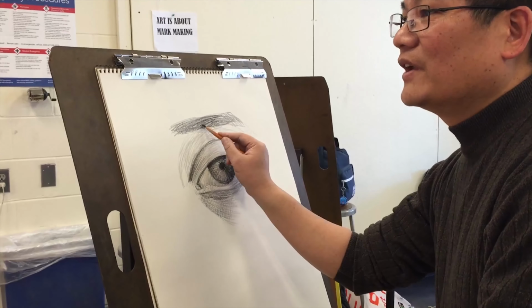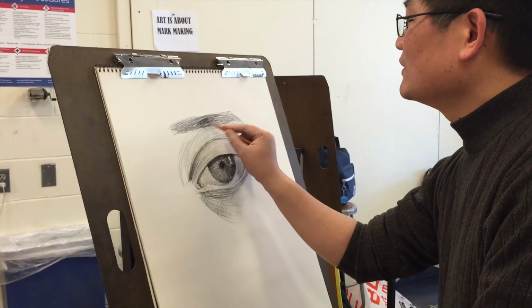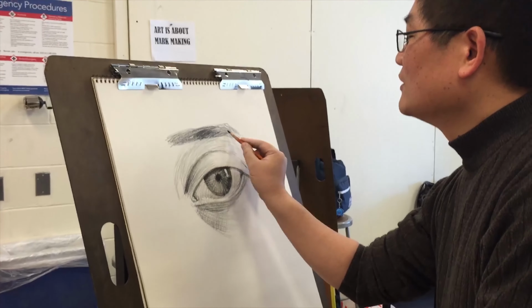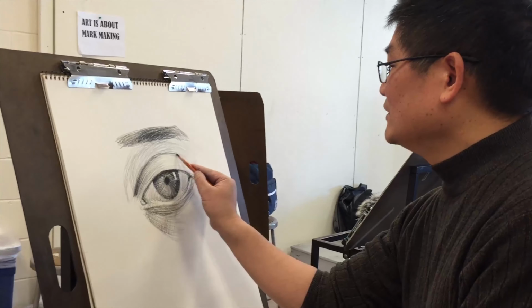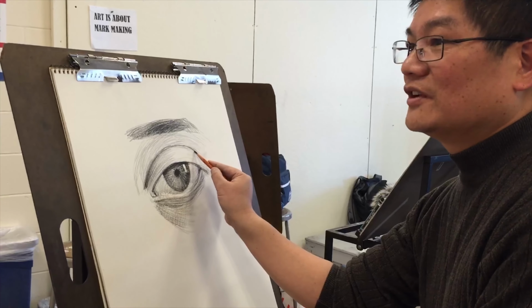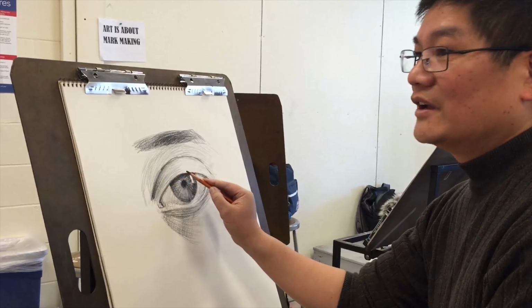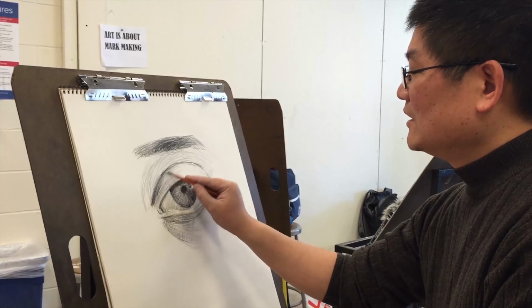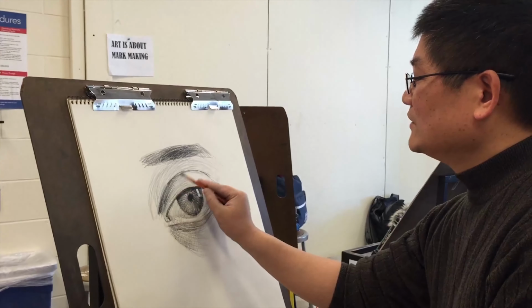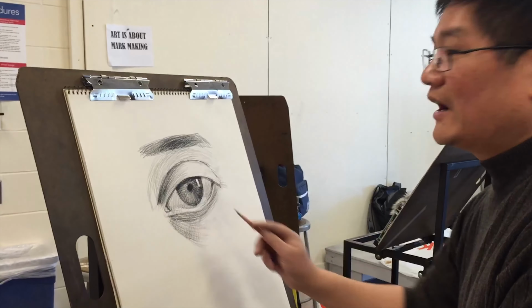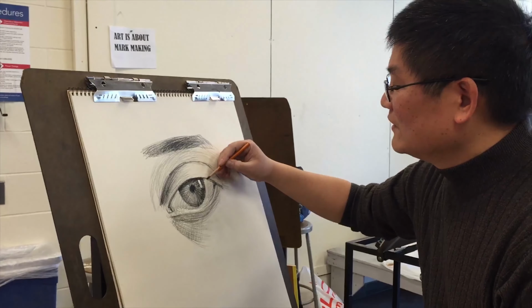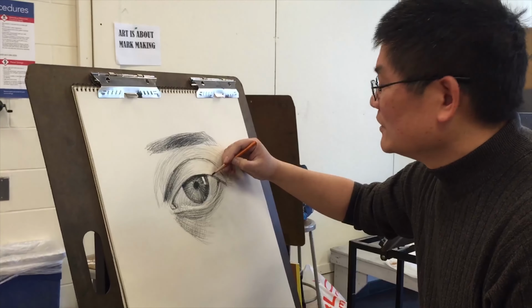And this over here still needs a little bit darker. Here, need a little bit more definition, a little darker. And there is just the hair under the eyelid, and you can see that close enough.